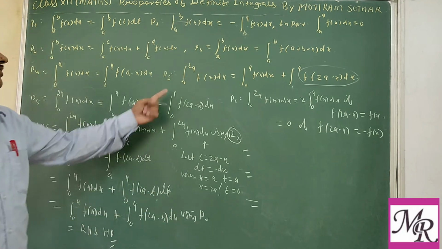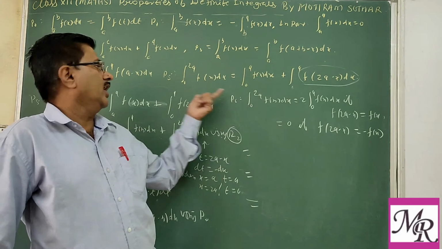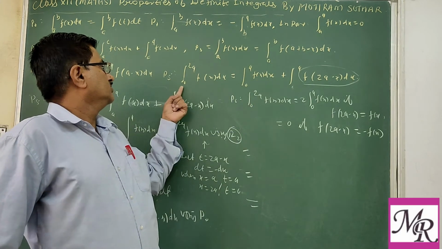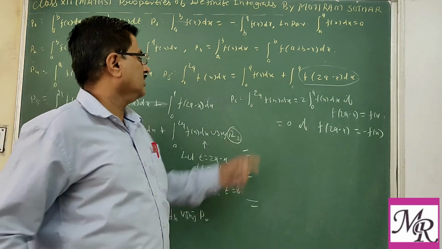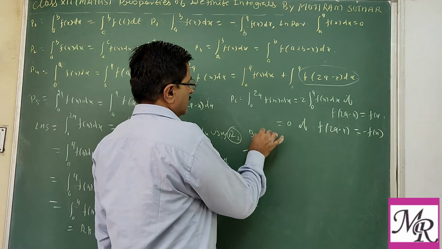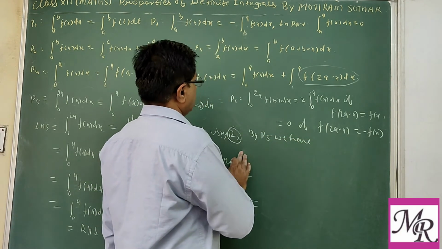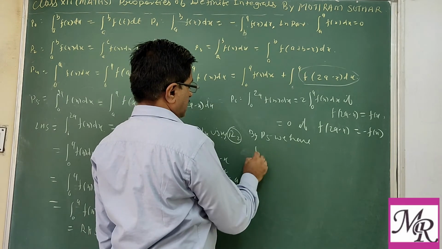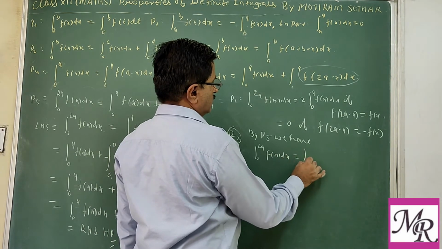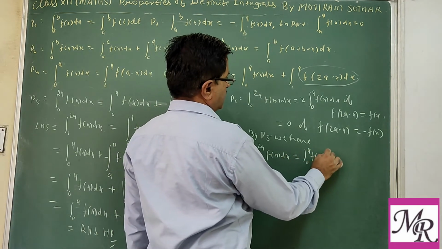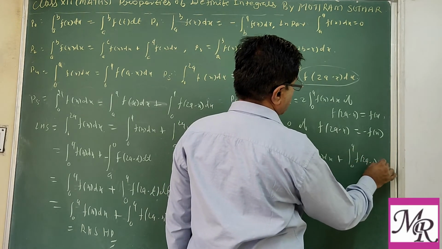By using the fifth one, this is a particular case of the fifth, as both have the same left hand side, the integral from 0 to 2a of f(x) dx. Clear? So by P5 we have the integral from 0 to 2a of f(x) dx equal to the integral from 0 to a of f(x) dx plus the integral from 0 to a of f(2a minus x) dx.